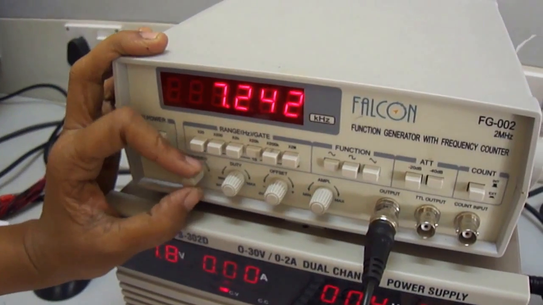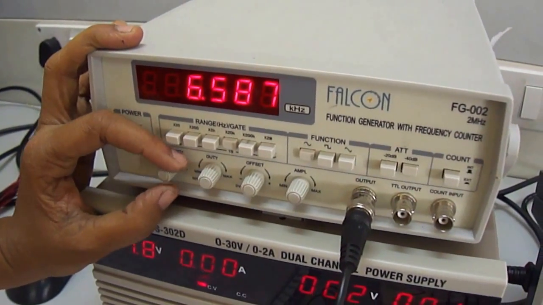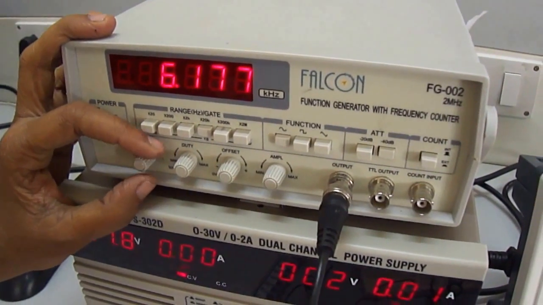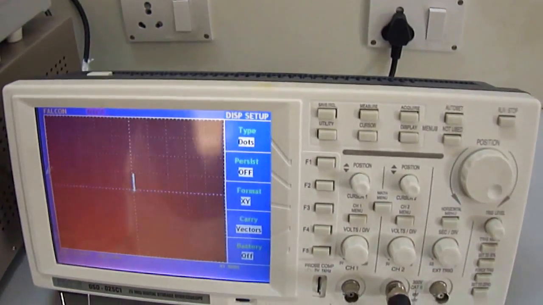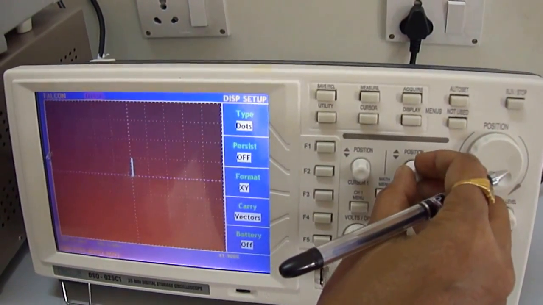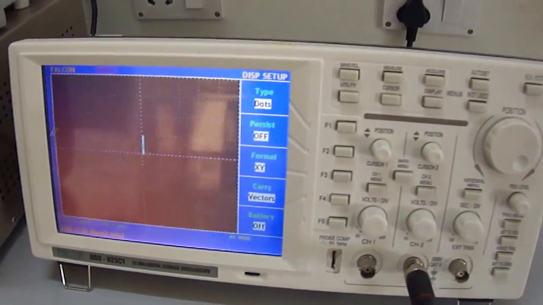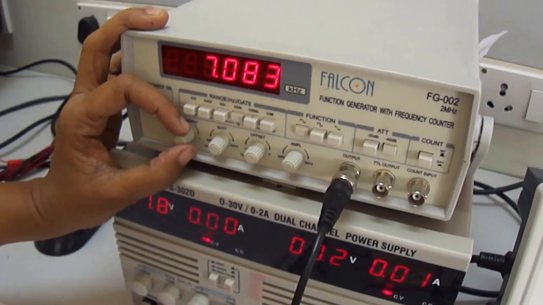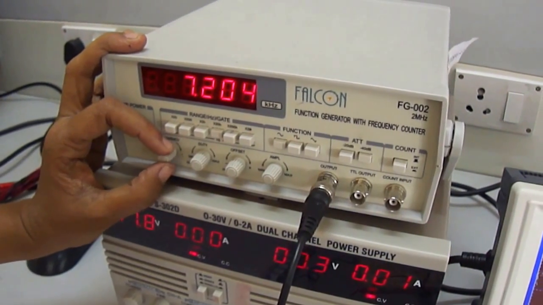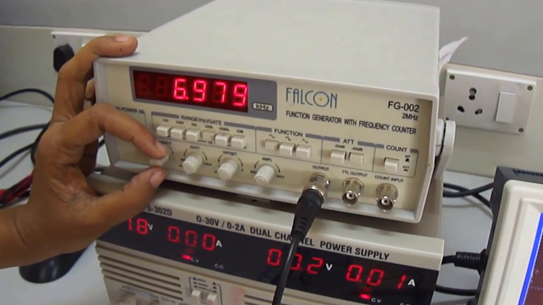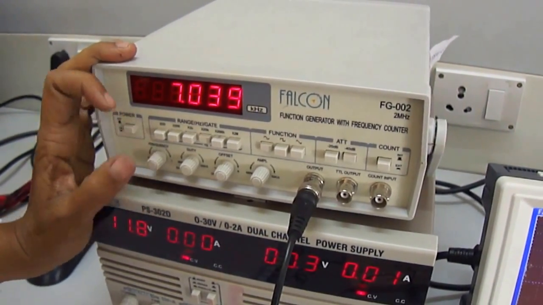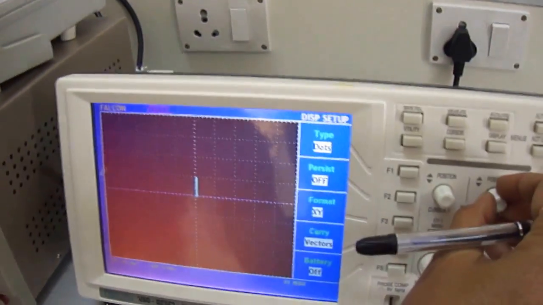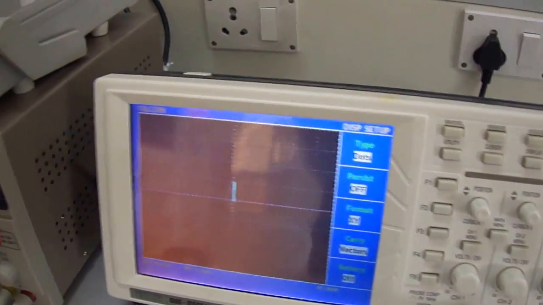Next is 6K. At 6K we are getting 5 volts. Next is 7K. At 7K, the same 5 volts only.